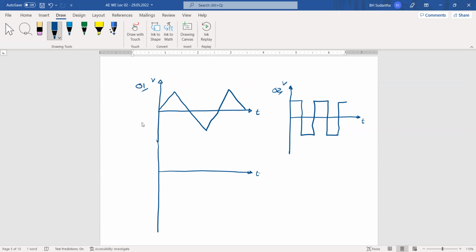And this one for half wave, and draw the voltage output waveform for full wave here. This is for half wave.